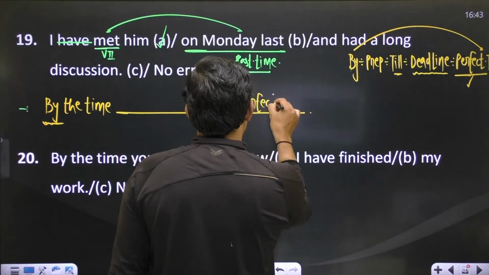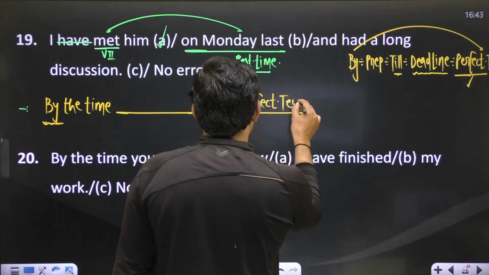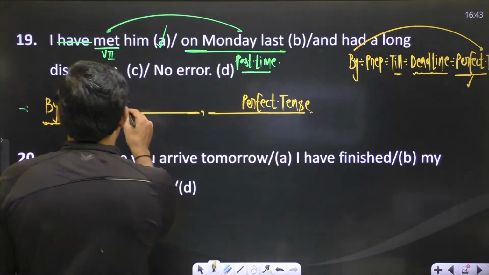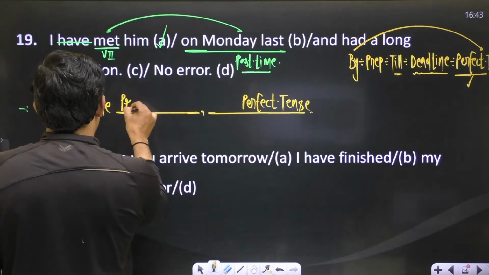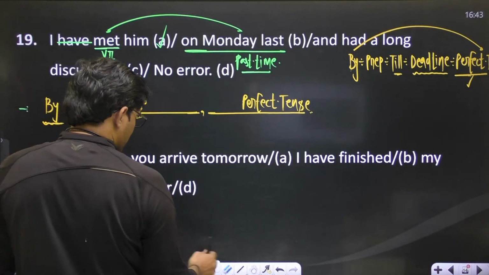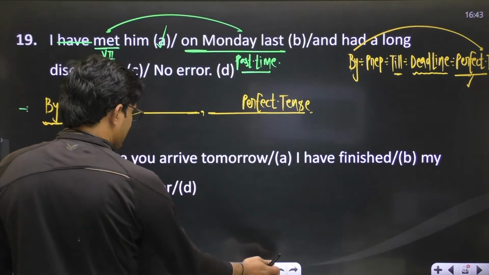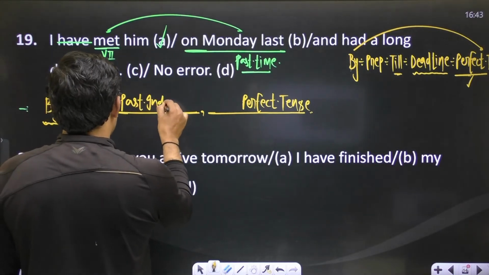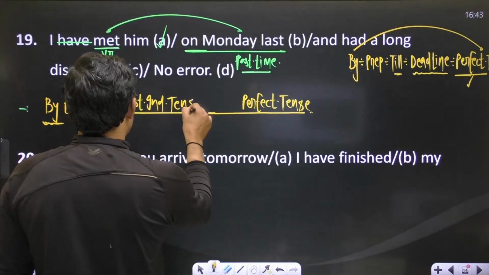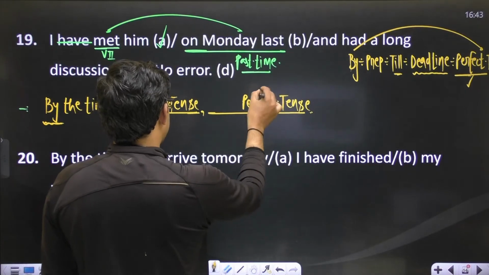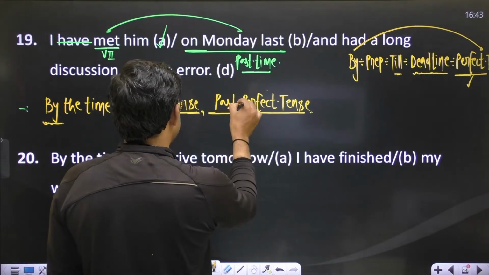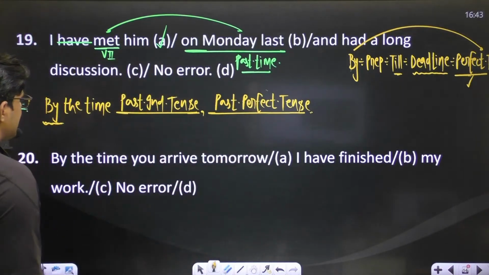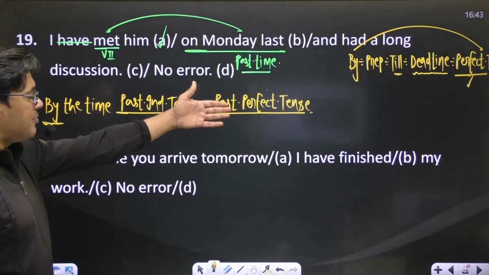But make sure if you have past indefinite tense in the first clause, the second will also be in perfect, but this perfect must be past perfect. So this is the concept: by the time, past indefinite, past perfect.